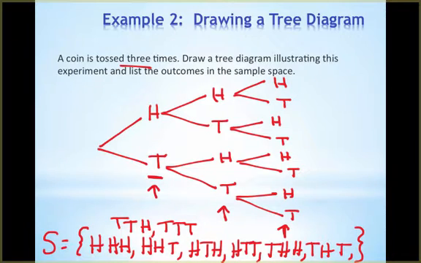So in the first toss, we had 2 things that could happen. In the second toss, there were 2 more things that could happen. And in the third toss, there was 2 more things that could happen. So that gives me a total of 8 different events or outcomes. And notice that we had a total of 8 possible outcomes in our sample space.